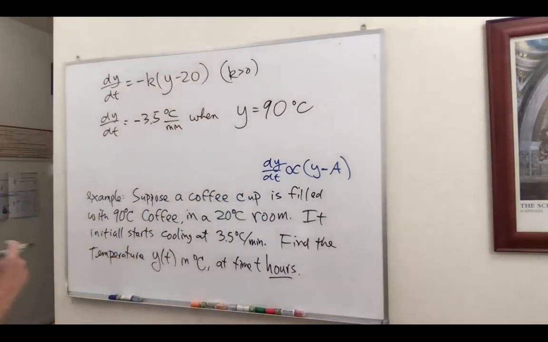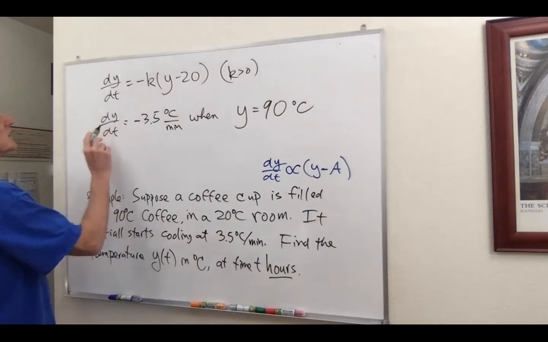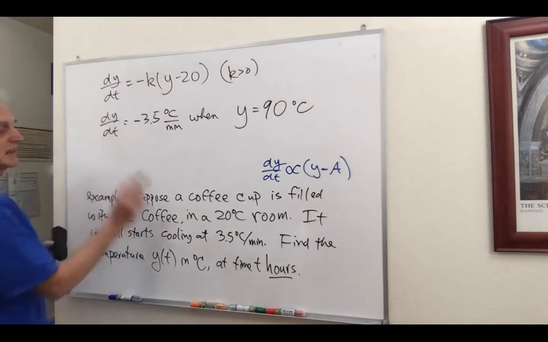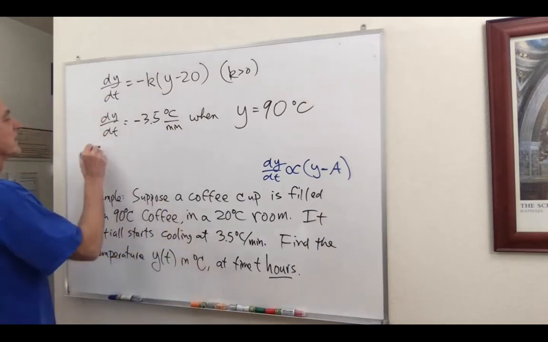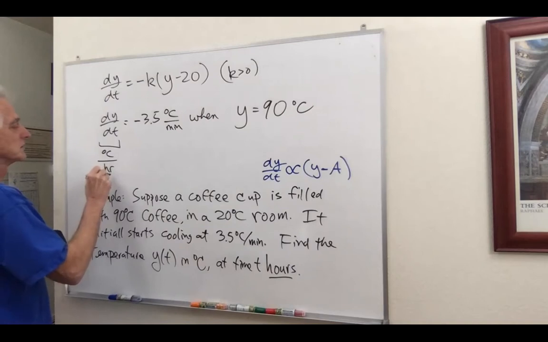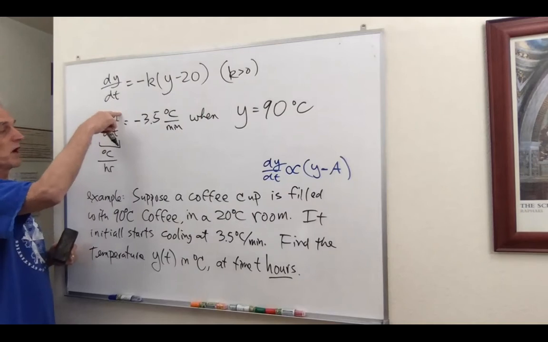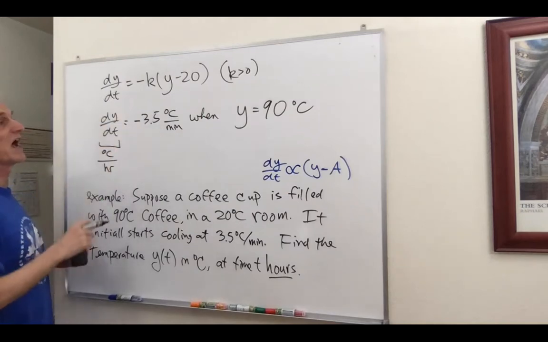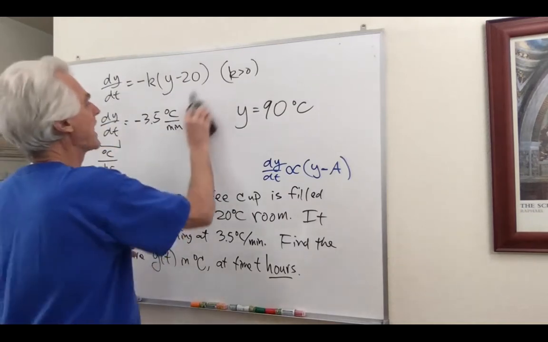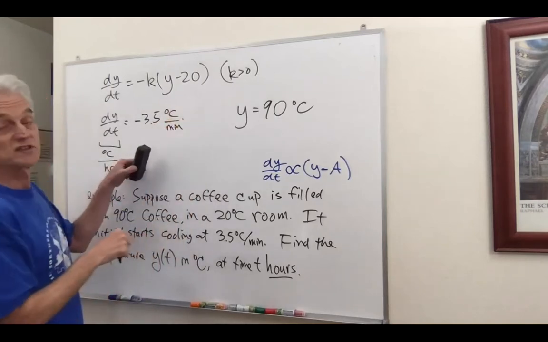So sue me, but hopefully it's all right. Now, if y is measured in degrees C and t is measured in hours, this has units of degrees C per hour, because units of dy/dt are units of y, degrees C, over units of t, hours. So what we have to do here is turn this into degrees C per hour.